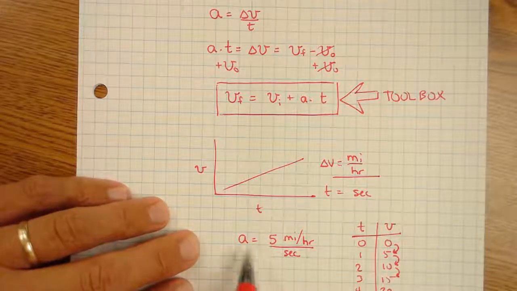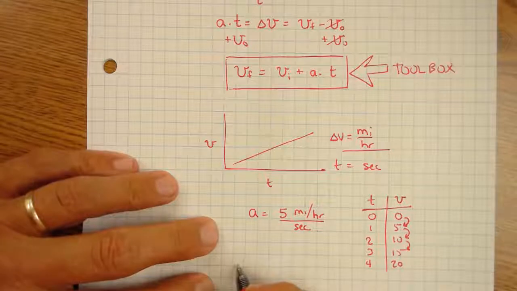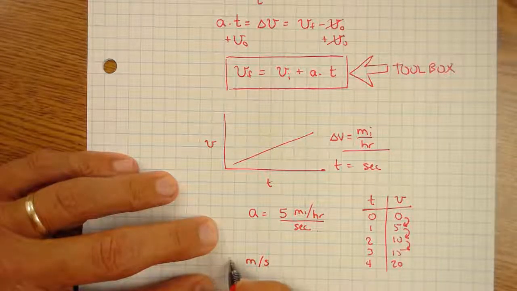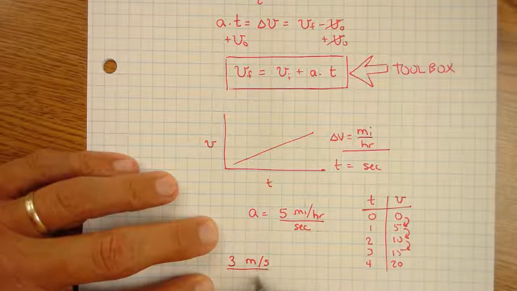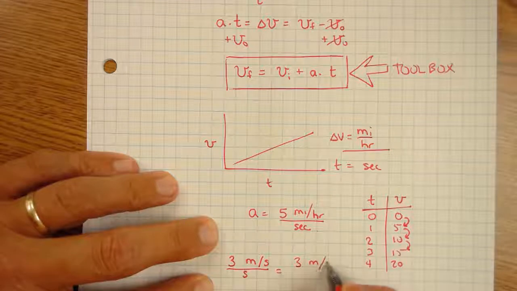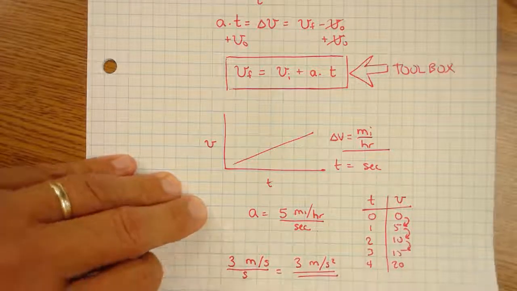Units of velocity, if we use the metric system, would be, for example, meters per second. So I might have 3 meters per second change every second, which we sometimes write as 3 meters per second squared. So that's another unit of acceleration.